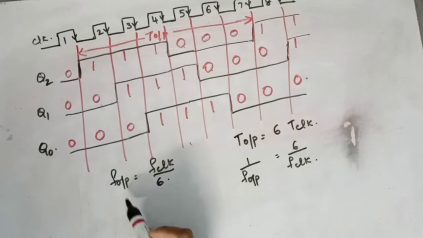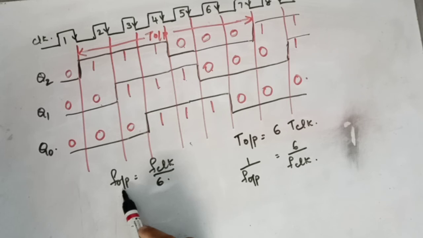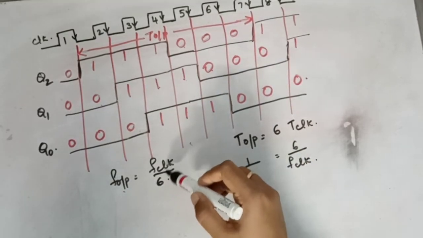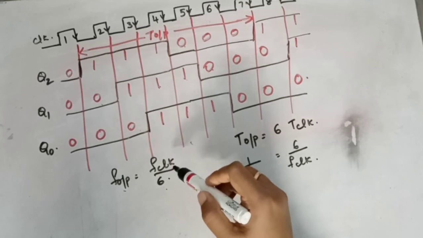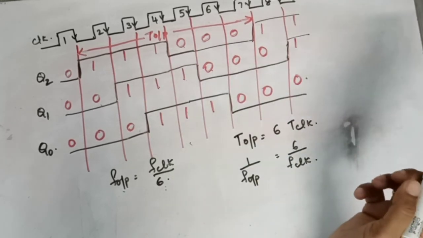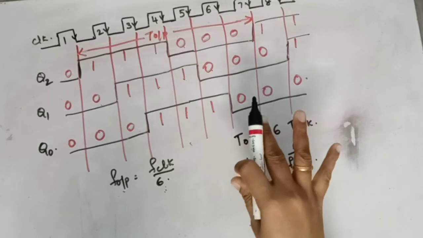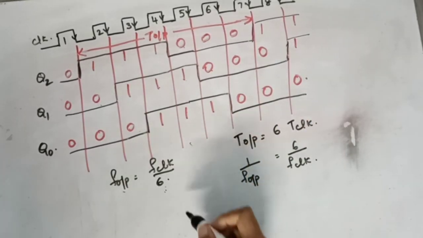Okay, so the frequency of the output is input clock frequency divided by 6. So the input clock frequency is divided by 6 in this particular case. Why 6? Because you used 3 flip-flops. So what's the relation between 3 and 6? It is 3 into 2.